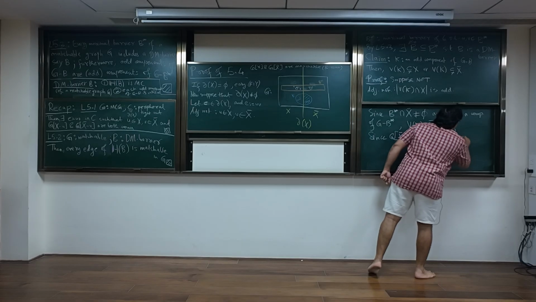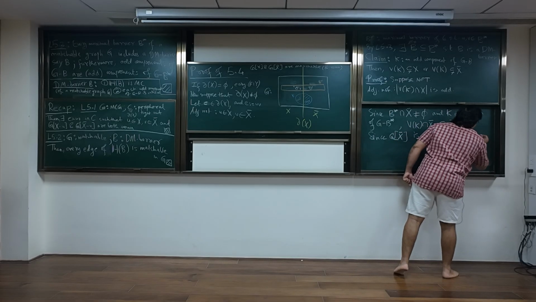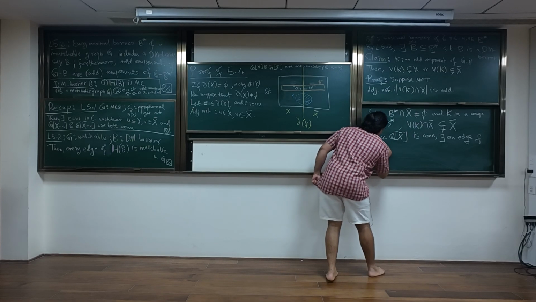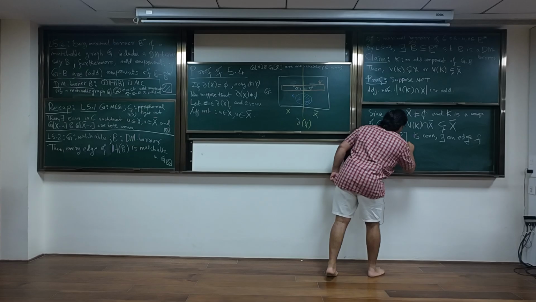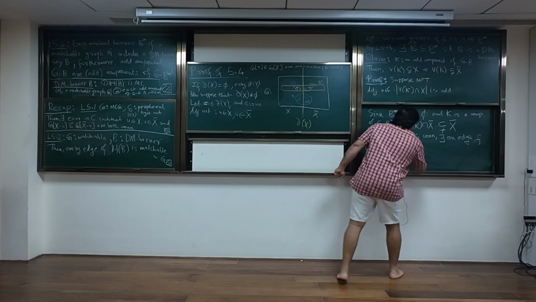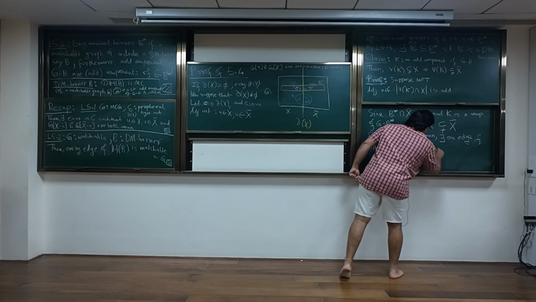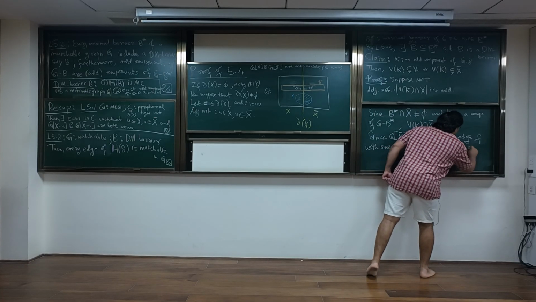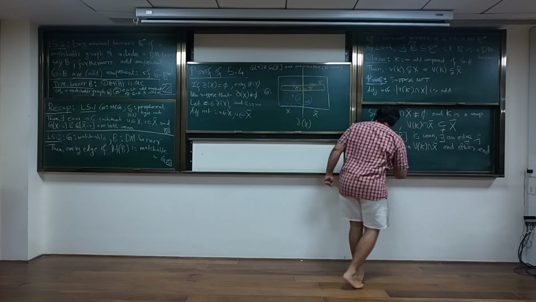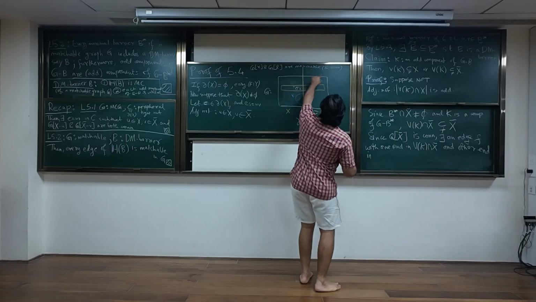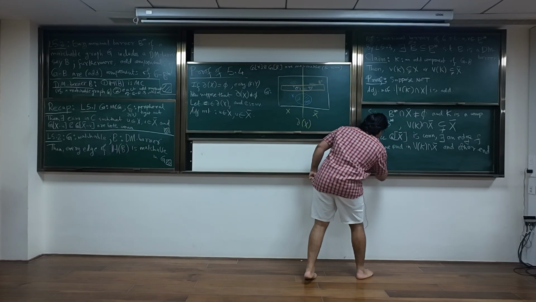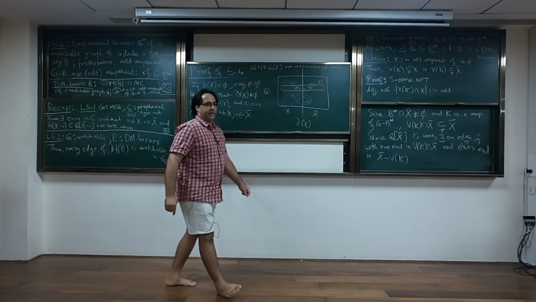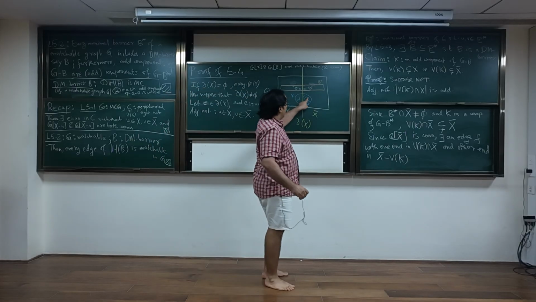There exists an edge F with one end in this part, vertex set of K intersection X bar, and the other end in X bar minus the vertex set of K. You all agree? There is an edge that goes from here to the outside.